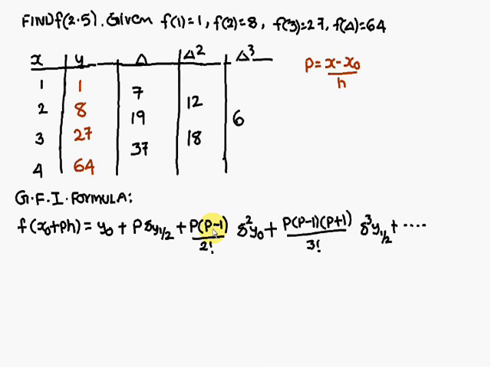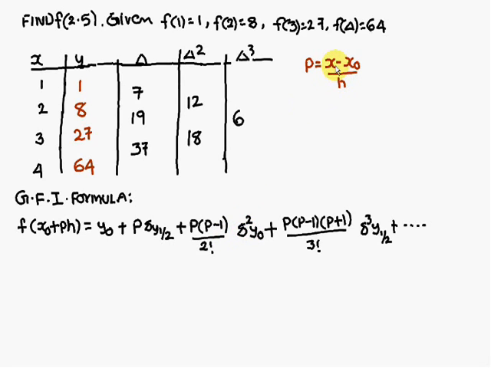In the next step, you write this entire p into p minus 1 and add one more term, and it should be addition. Previously you wrote negative p minus 1, therefore you have to write p plus 1 by 3 factorial and so on. How to write y naught, delta y 1 by 2, delta square y naught we will discuss later.